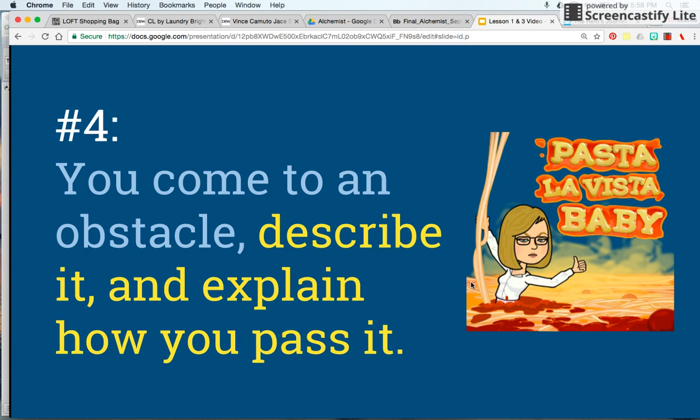Okay, final scenario. You come to an obstacle on your journey. Describe what the obstacle is and explain how you pass it.